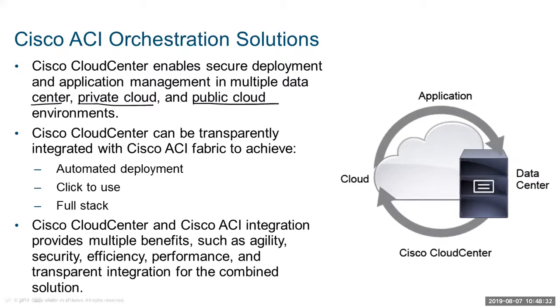And of course, it's a lot more efficient from a performance perspective. It improves performance purely because your network is deployed based on the application's priority. And then finally, the integration is very transparent without any additional plugins to be installed.